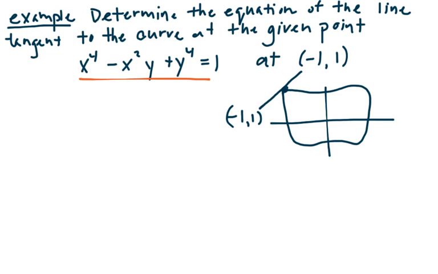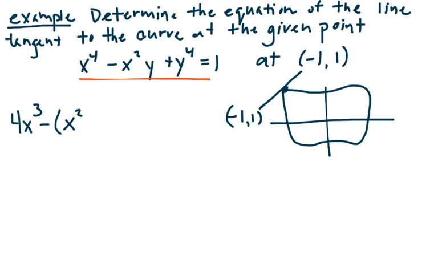If we're taking the derivative of this whole equation with respect to x, we can treat the x terms like usual. The first term is x to the fourth, and its derivative is 4x cubed. The middle term is minus x squared times y. We're going to have to use the product rule here. So we have minus the quantity, the first, x squared, times the derivative of y.